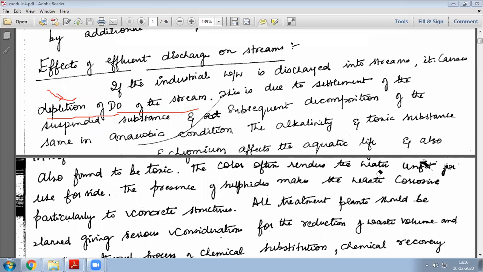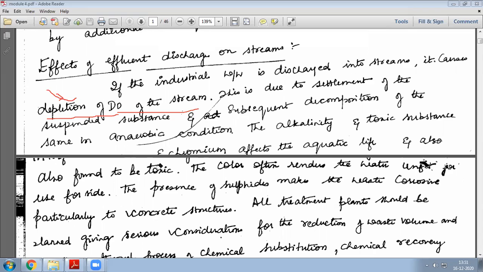Color often renders the water unfit for use, and they are giving each of the chemicals in a broad way, what and all each one will affect. If any chromium substance is there in industries, obviously it will affect the aquatic life. We have bioaccumulation, I think, one more. It comes in your pure environmental science, but you will not be learning those topics in environmental engineering.